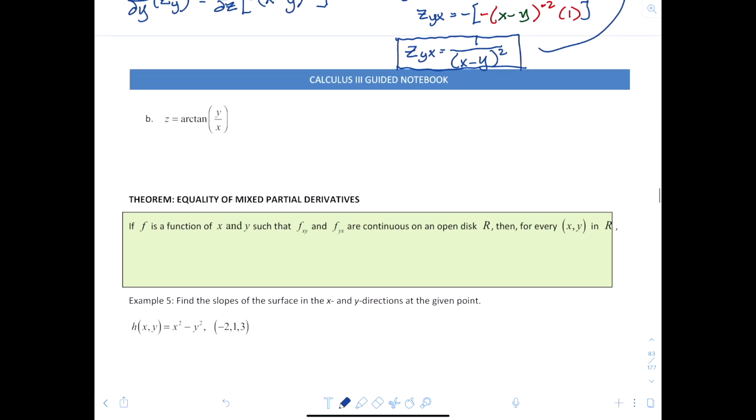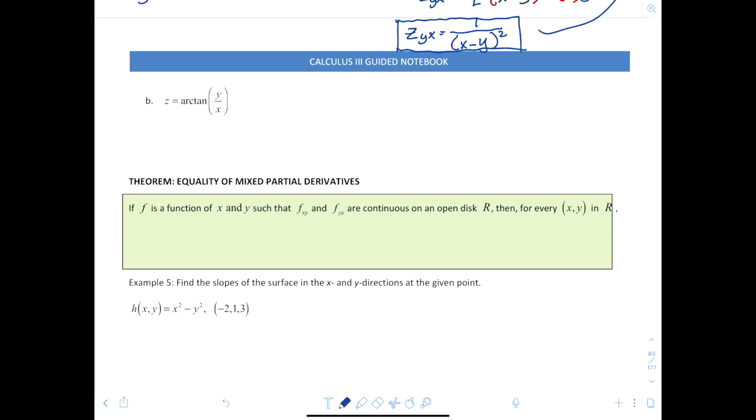Okay, so with the arctangent function, let's see what we will have. Probably need to add a page. We'll see what happens. So, arctangent of this is equal to arctangent of x to the negative 1 times y, right? All right, so when we're differentiating the arctangent, the first partial with respect to x, we need to differentiate what's inside the arctangent with respect to x.